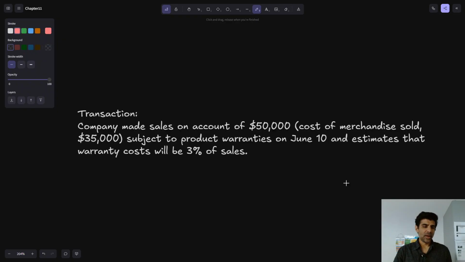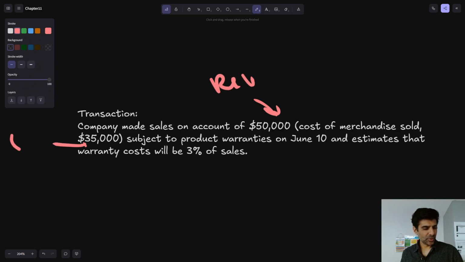Okay, next one. Company made sales on account of 50,000. Cost of goods sold is 35,000. So this is the revenue. This is the cost of goods sold. Subject to product warranties.